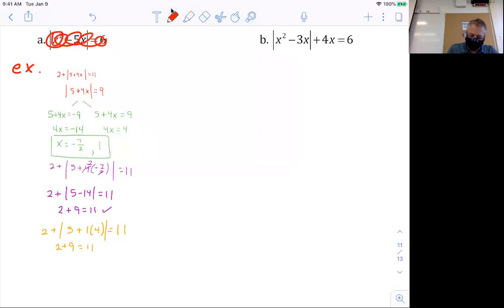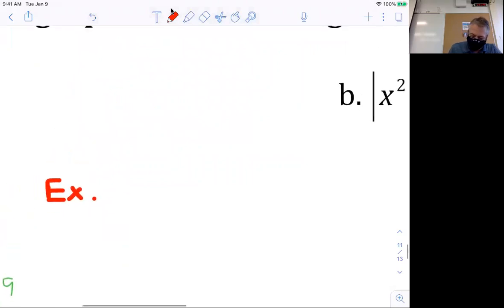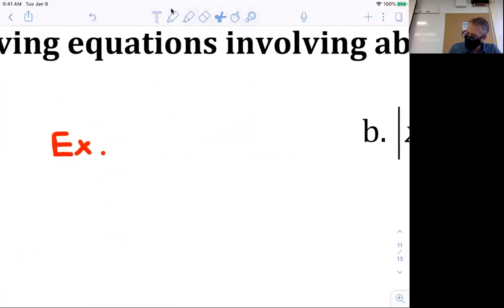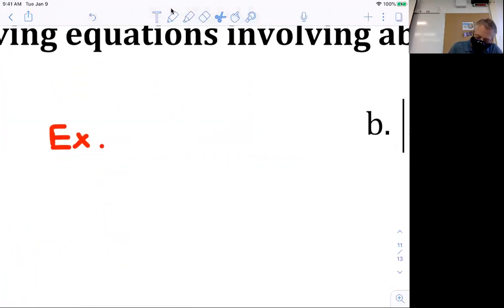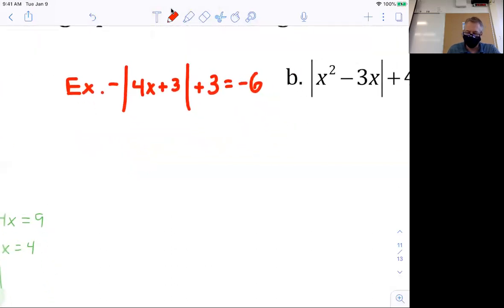All right, let's do another one. So we have the opposite of the absolute value of 4x plus 3, plus 3, is equal to negative 6.